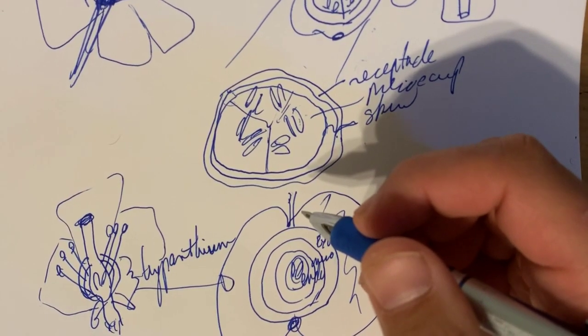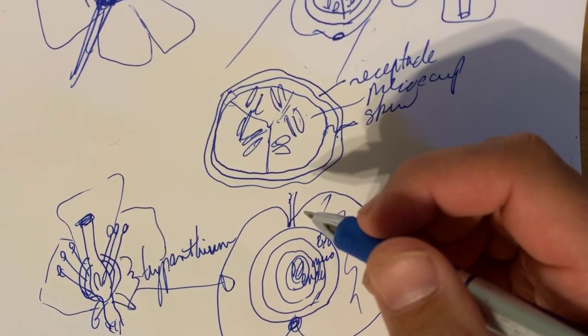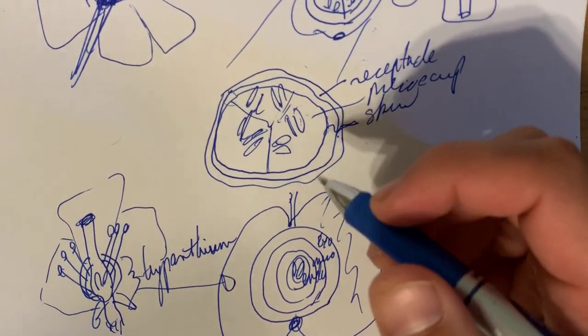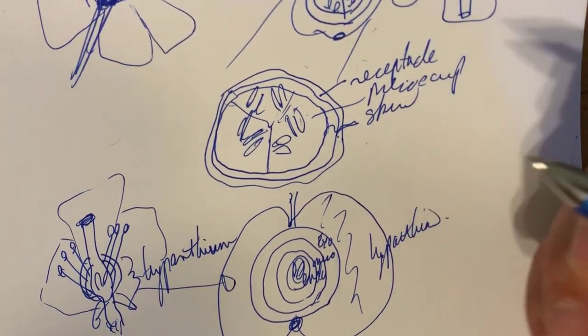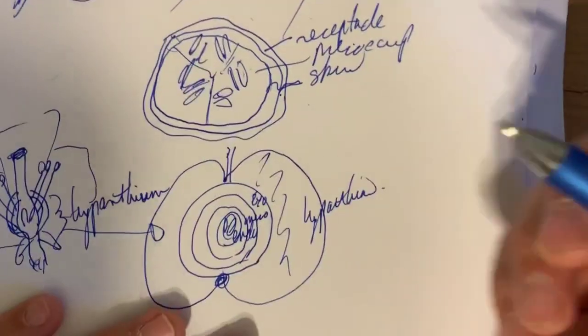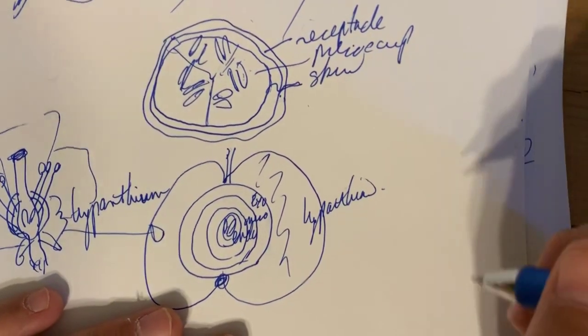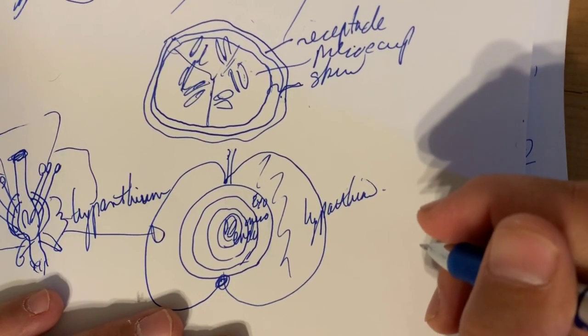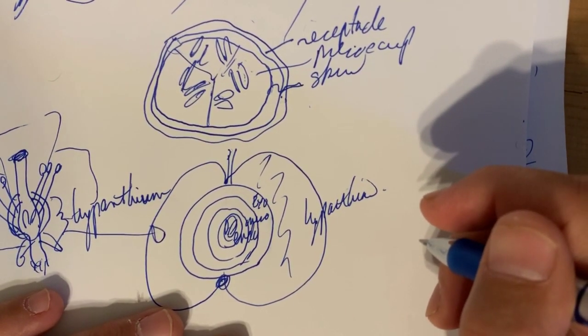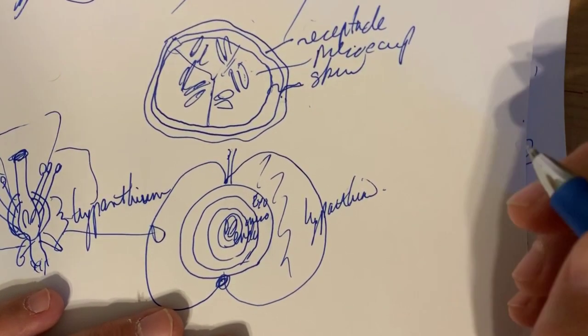Other accessory or false fruits formed from other parts of the flower besides just the ovary include things like strawberries. And once again, the receptacle grows up into the center, kind of like we see in a blackberry versus a raspberry that we can just pull off that receptacle.